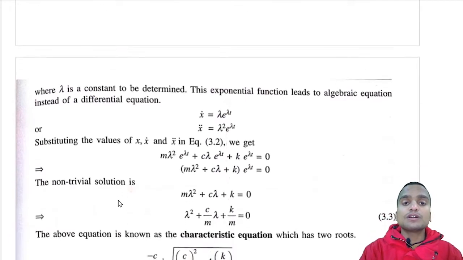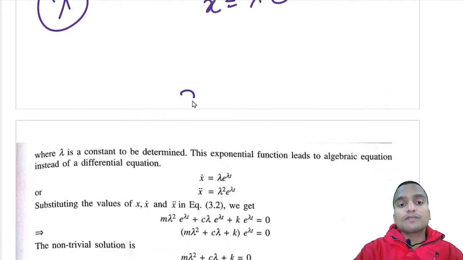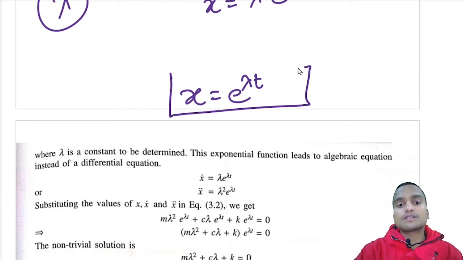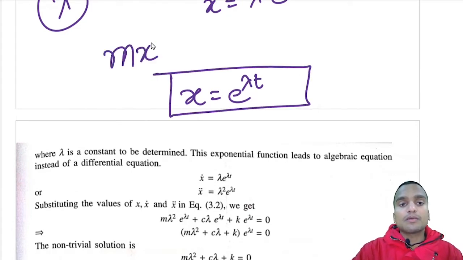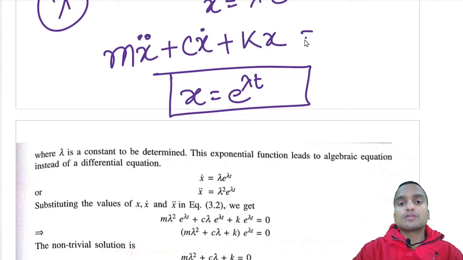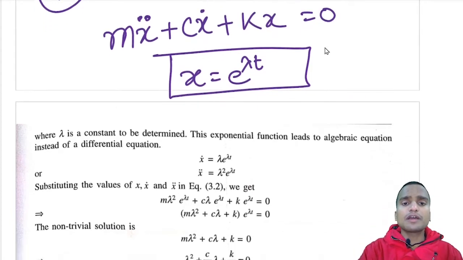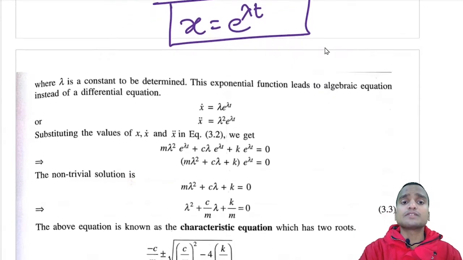So we are assuming that our solution is of the form x equal to e to the power lambda t for the differential equation m x double dot plus c x dot plus k x equal to 0. Here lambda is a constant and it is yet to be determined.